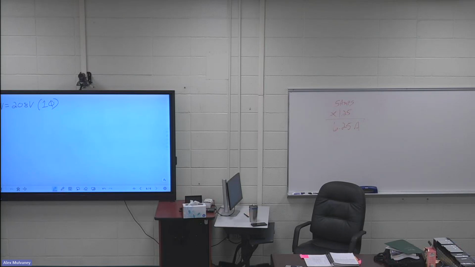What's the next thing it gives me? The amps. Which letter? I, and it gives me 28 amps. What's the next bit of information? It's copper, so K equals 12.